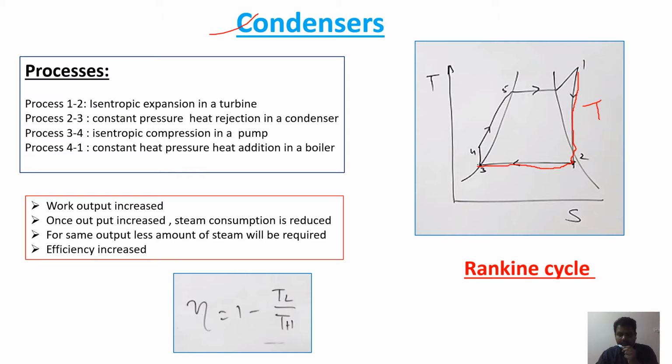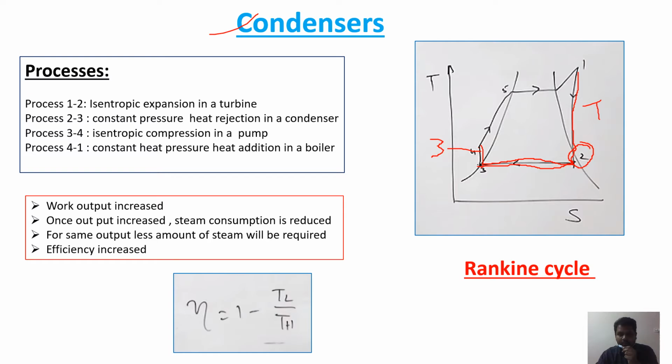Again I am repeating, after expanding to point 2, we are not sending it out. Instead, we are passing it through the condenser. In the condenser, the water vapor mixture will be converted into liquid. That liquid will be compressed in process 3 to 4 in the pump.